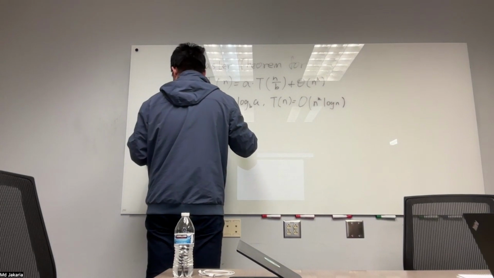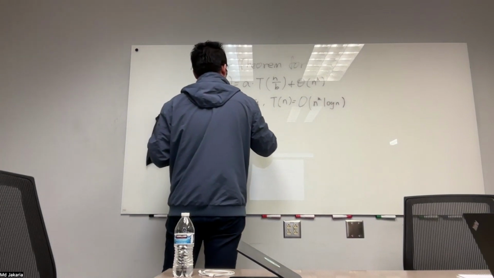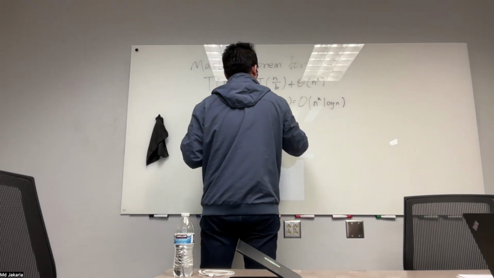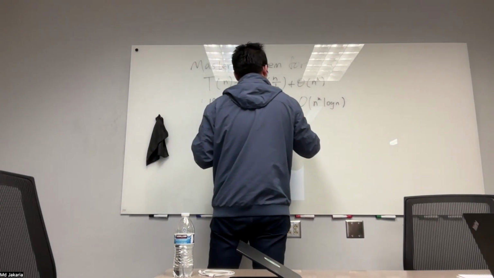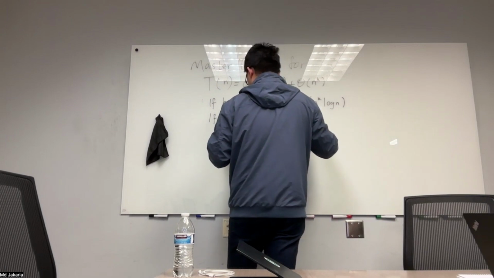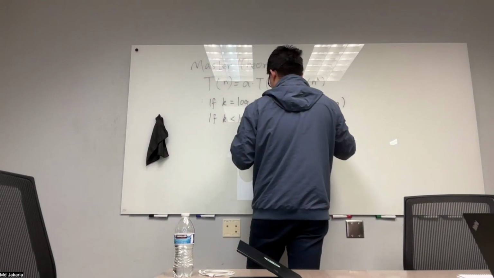If A is smaller than that, then we have T of n is O of n times log B over A.